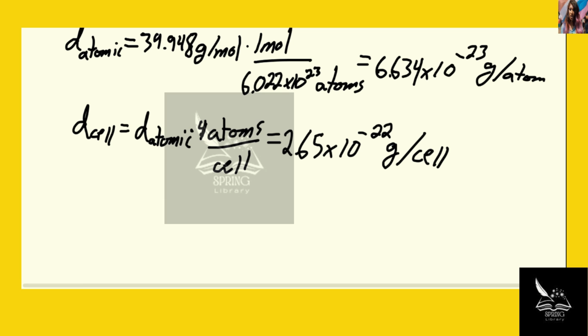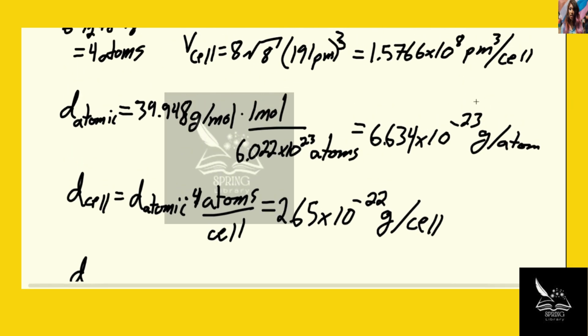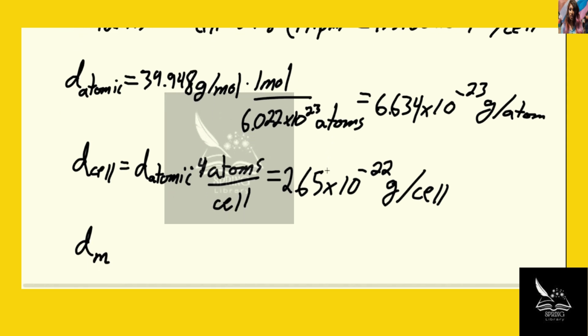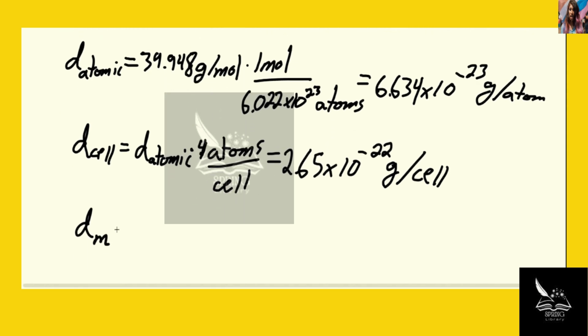Okay, now lastly, we can figure out our density, not in terms of cell, but in terms of volume, because we do know the dimensions of the cell, as we had previously calculated. So let's go ahead and take the mass of our cell and divide it by the volume of our cell.